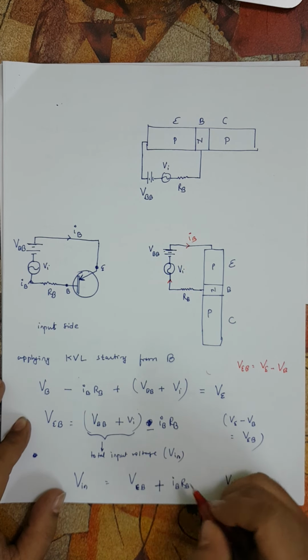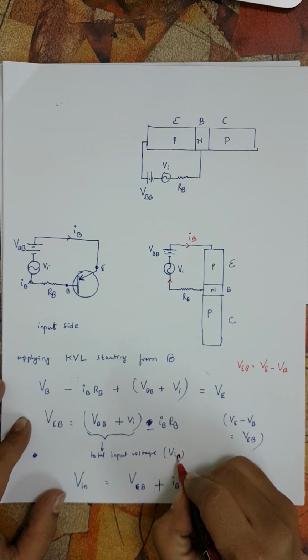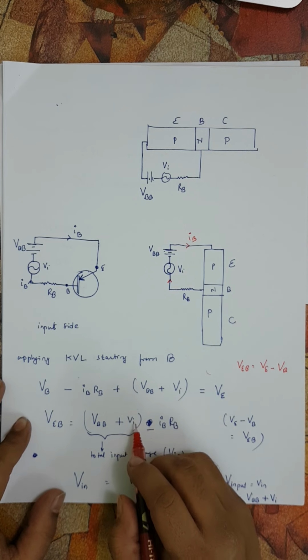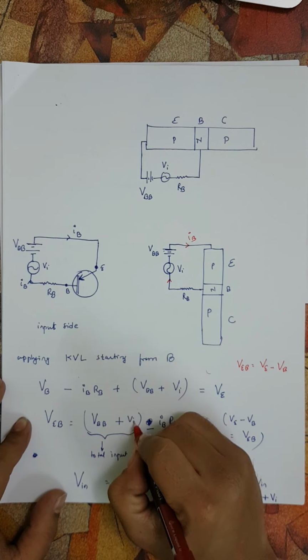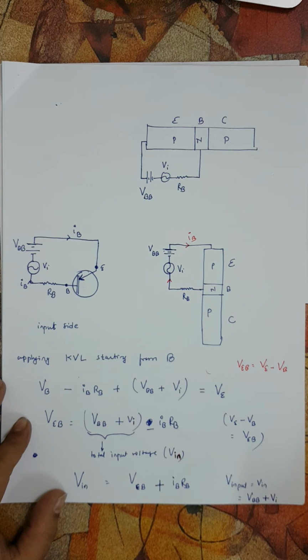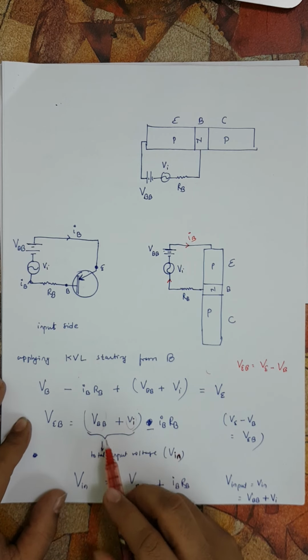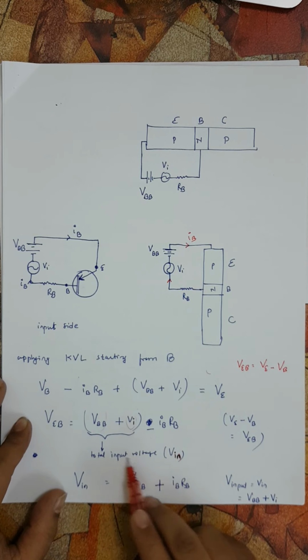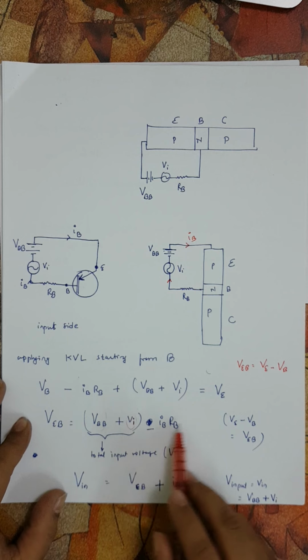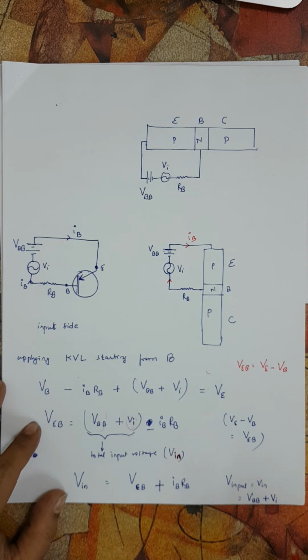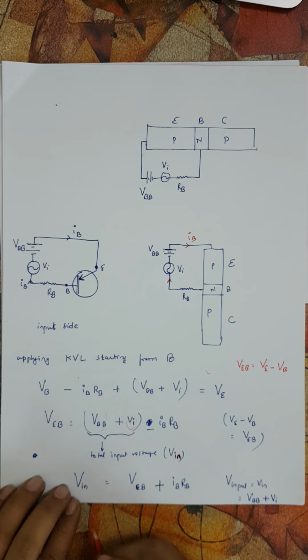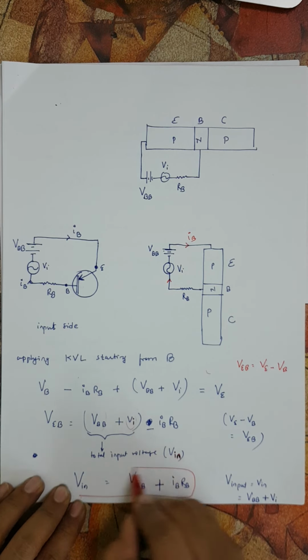The total input voltage is written as VIN. Remember, this VIN is different from VI. VI is the sinusoidally fluctuating input signal which we want to amplify, and together with this DC biasing voltage it makes up the entire input voltage. So this entire input voltage minus IBRB is VEB. Alright, so this is what is written over here, the total input voltage.